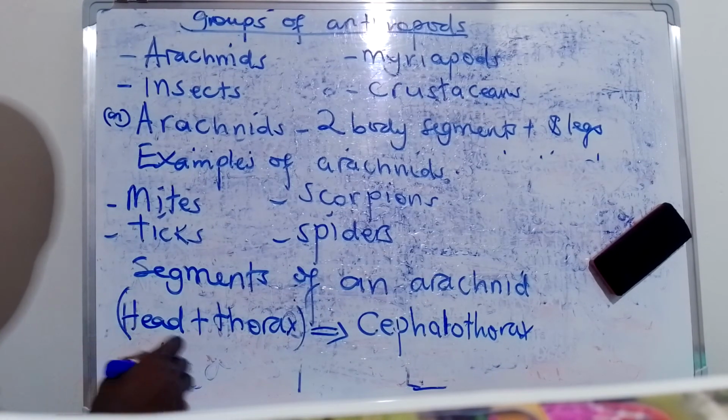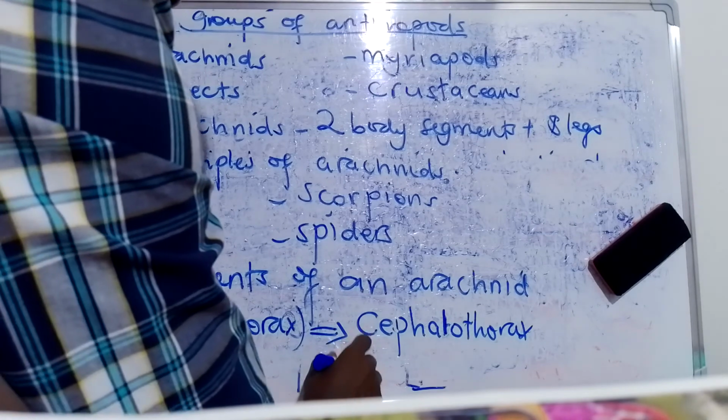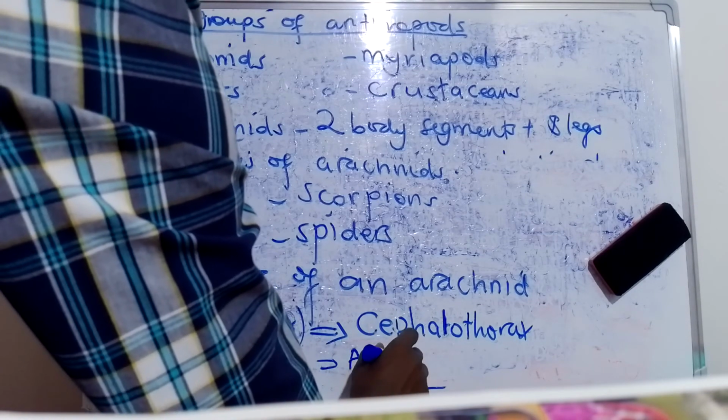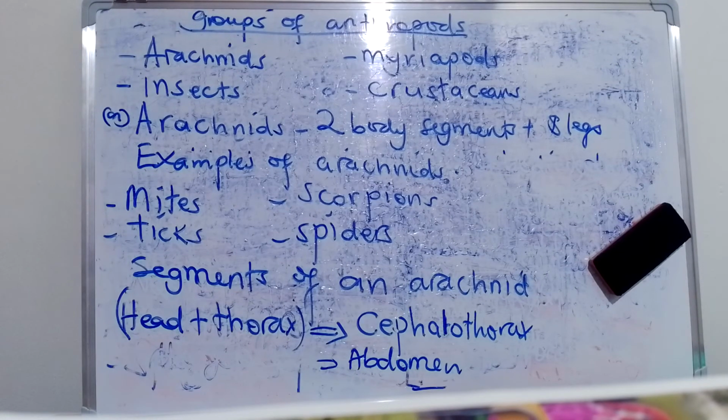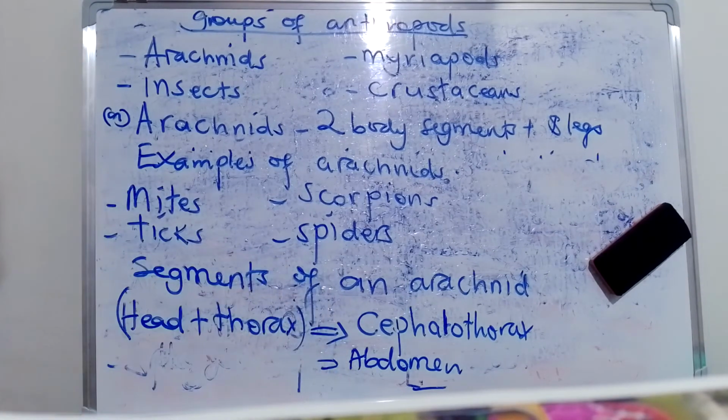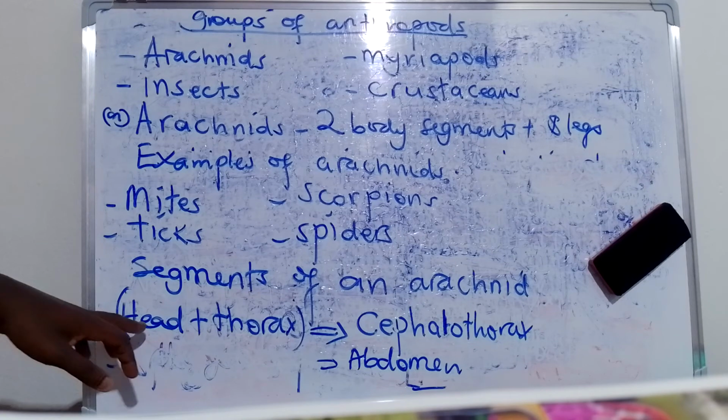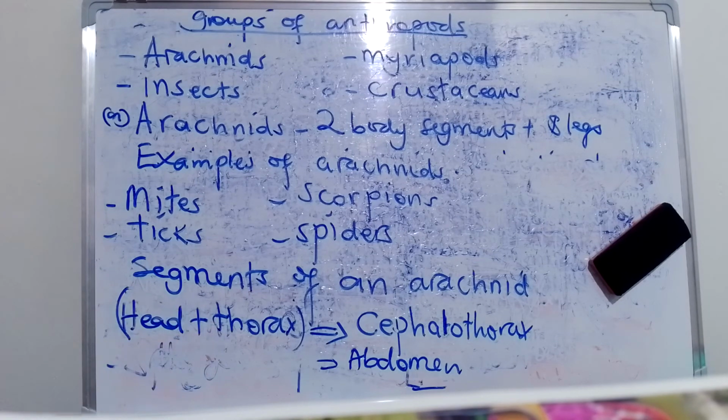Then we have the abdomen. The next segment is the abdomen. So the arachnid has a cephalothorax, which is a combination of the head and the thorax, plus the abdomen.